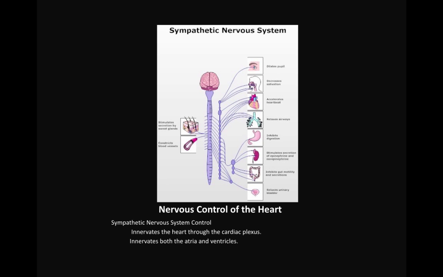But it is important to know that, depending on the condition you may find your patient in, like a head injury or a spinal injury, there are significant implications for what may occur inside the heart. The sympathetic nervous system innervates through the cardiac plexus, and that innervation is in both the atria and the ventricles, right?